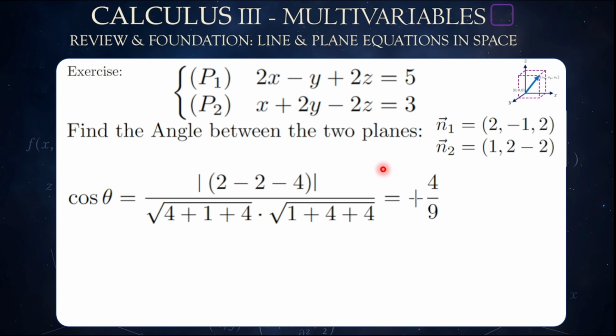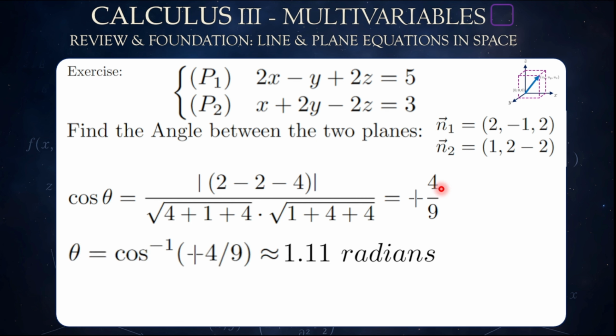So cosine theta is equal to the absolute value of the dot product between n1 and n2, which is 2 times 1 plus minus 1 times 2 plus 2 times minus 2, divided by the size of n1 times the size of n2, which is the square root of 2 squared plus minus 1 squared plus 2 squared, which is the square root of 9, times the square root of 9, because the norm of the second vector is the same: the square root of 1 squared plus 2 squared plus minus 2 squared. It gives us 4 over 9.